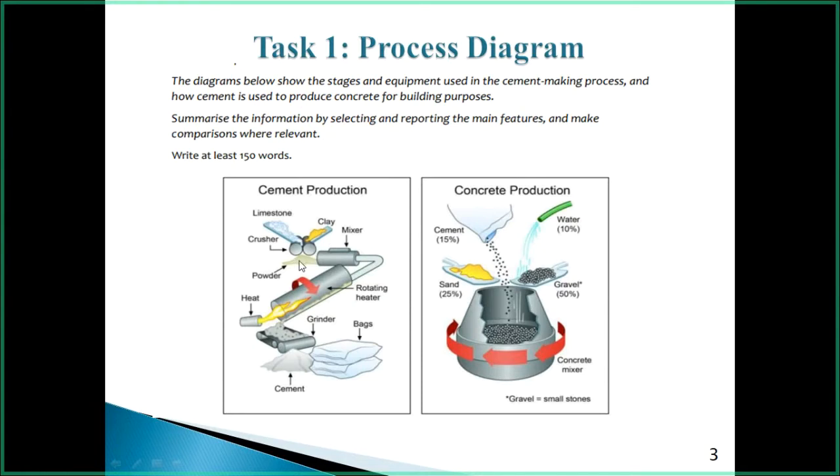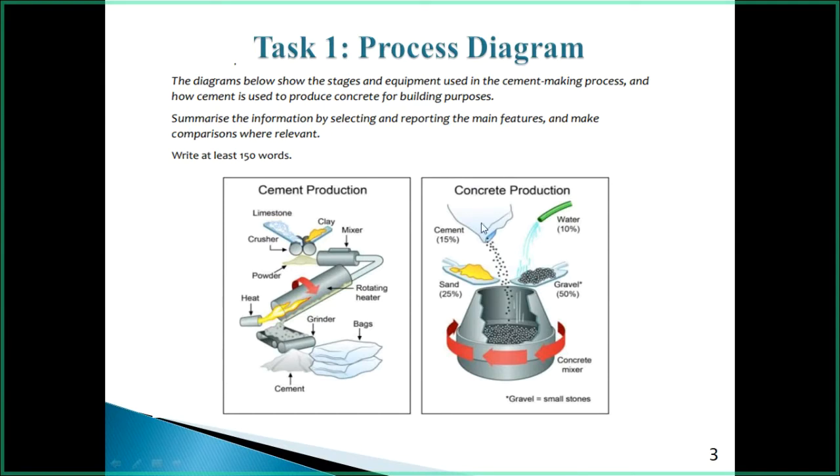After the crushing process, the powder is sent to the mixer where it is mixed, and following this, the powder is passed through the tube and allowed to pass through the heater where its temperature is raised, and the heated substance is sent to the grinder, where it is ground, and cement is prepared, which is finally packed into bags and delivered to market.